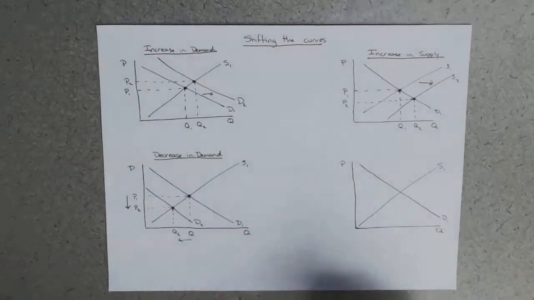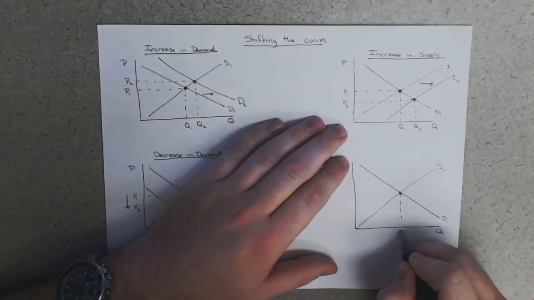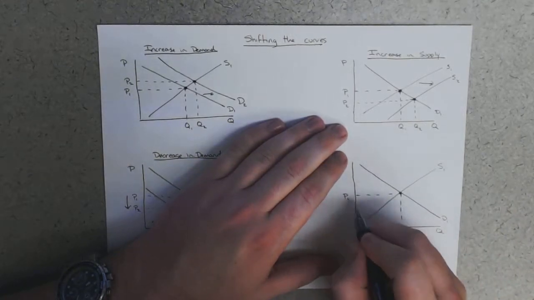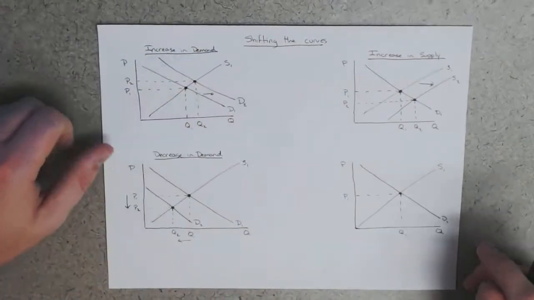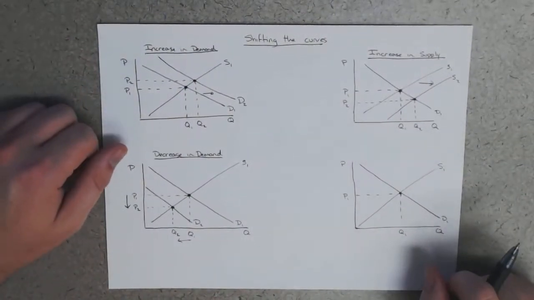What happens to the market for French cheese today? First, let's put in our initial equilibrium. What happens to the market for French cheese today? All right, pause, tell me, and come back.